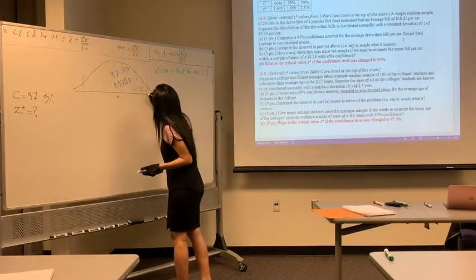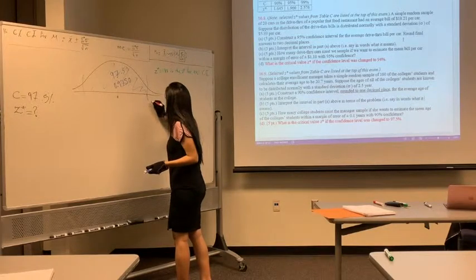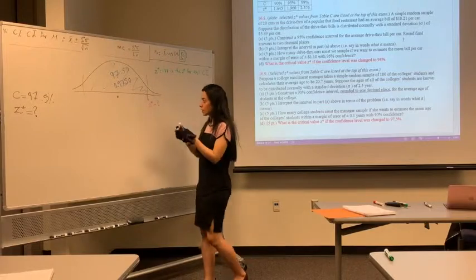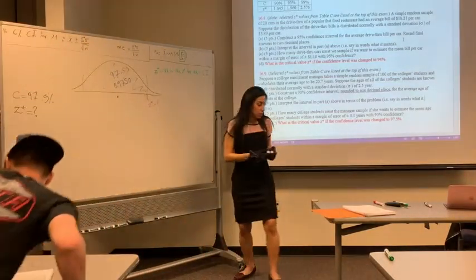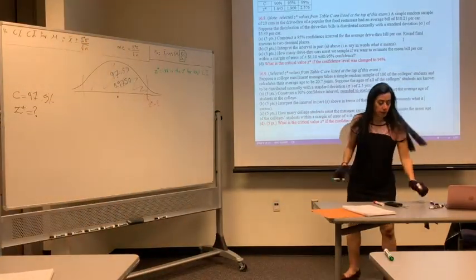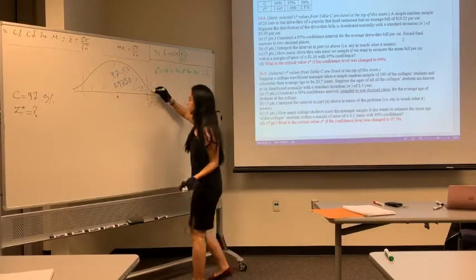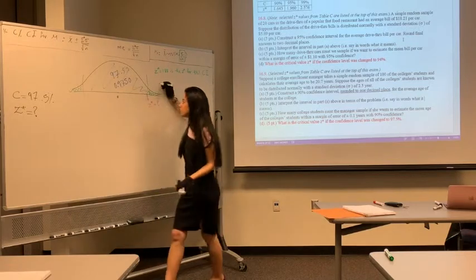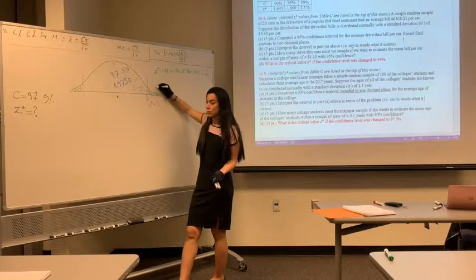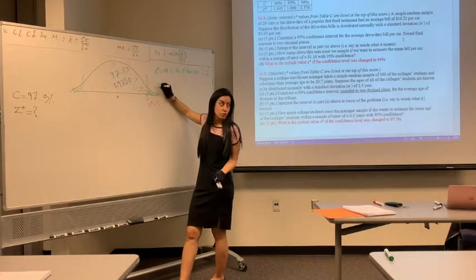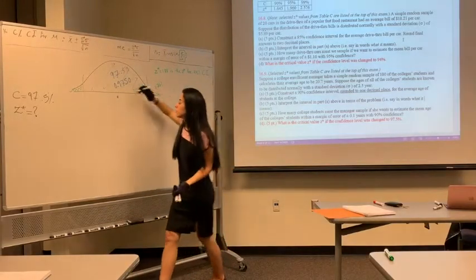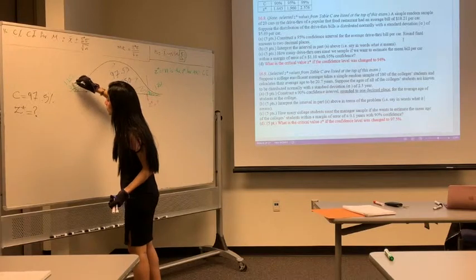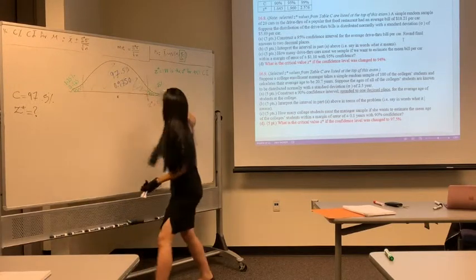I want a Z star which is located here. What is this symmetric part? What is the area, this one? It's 1.25%, which is 0.0125.